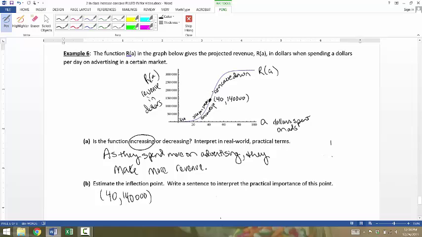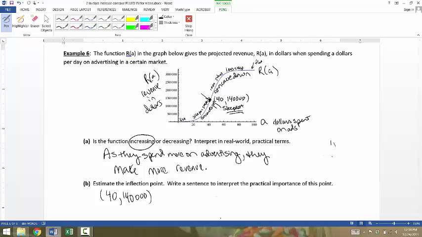After that inflection point, it's getting less steep and less steep until at the end of the domain it looks very flat again. So the inflection point in this graph is the point where it's steepest.